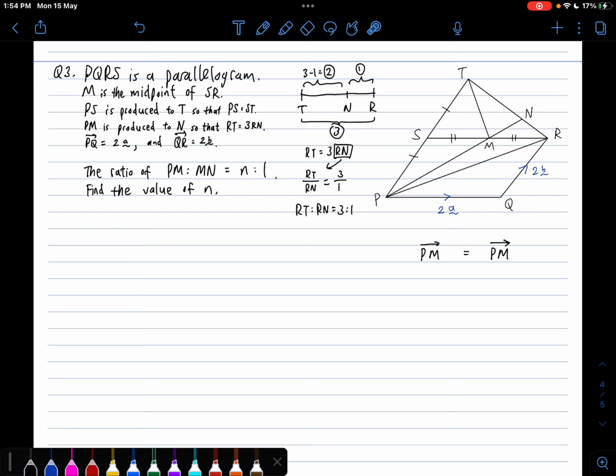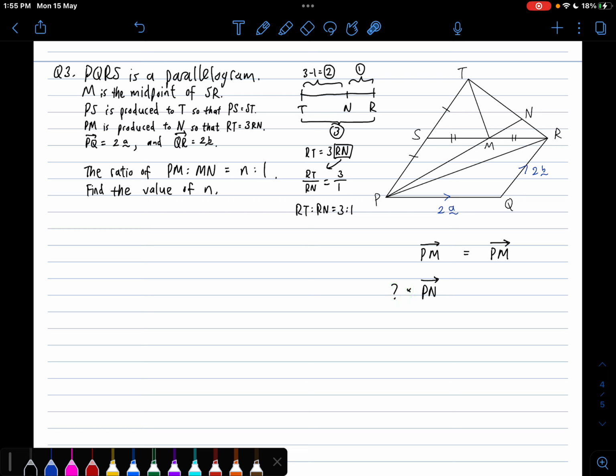Okay, so let's take a look. PM here, do you agree that it's actually just a scalar multiple of this PN, right? It's just a shorter version, right? So that means that we can actually say that PM is some ratio times vector PN, right? Because it's just a parallel vector, so it's some scalar multiple in front.